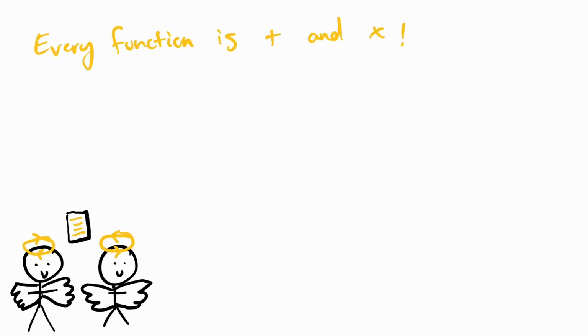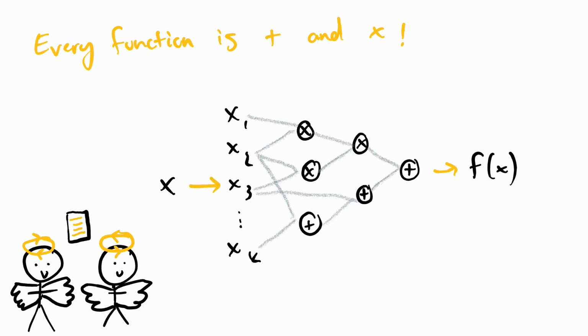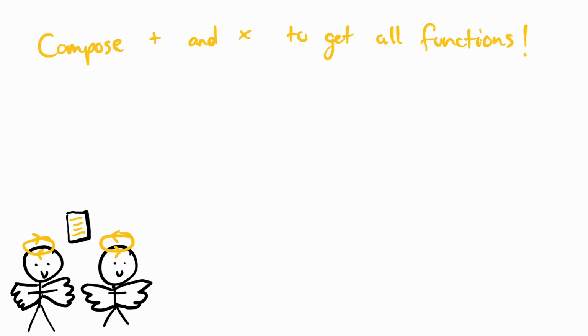Think of every function as a network of additions and multiplications. If we have an input x with a bunch of bits, x1 through xk, then we can do a bunch of multiplications or additions to eventually get the output f of x. And so long as we can compose these additions and multiplications, we can get any function.